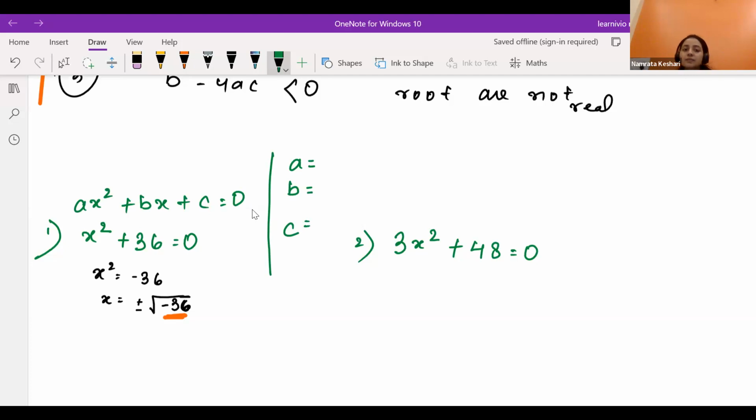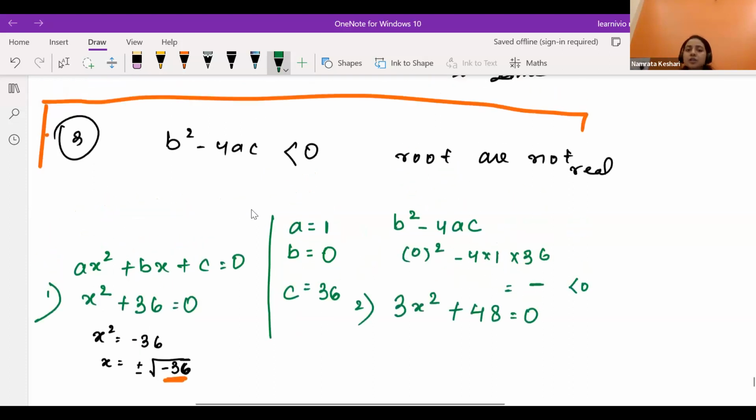A is 1, B is 0, C is 36. Check b square minus 4ac: 0 square minus 4 into a into c. This is a negative number, of course smaller than 0. And when it is smaller than 0, roots are not real. Yes or no?